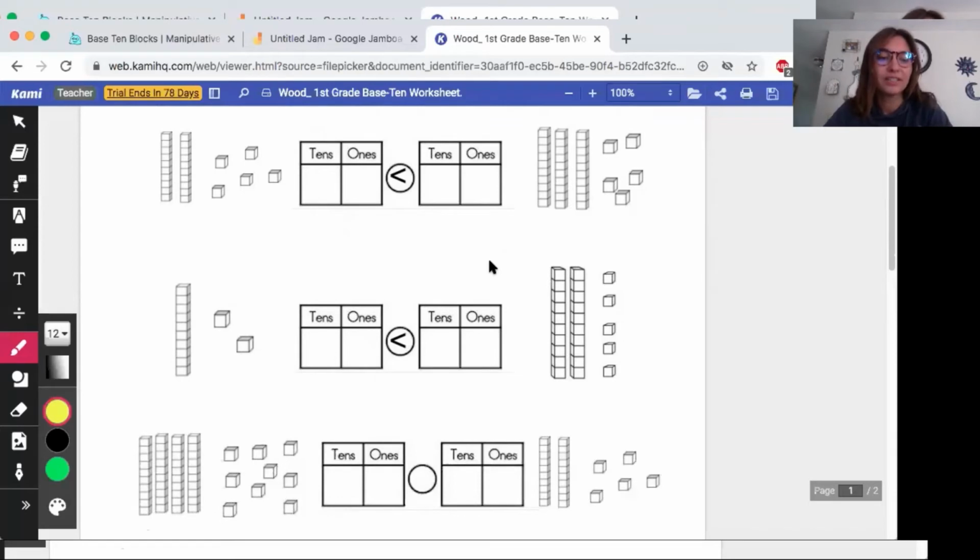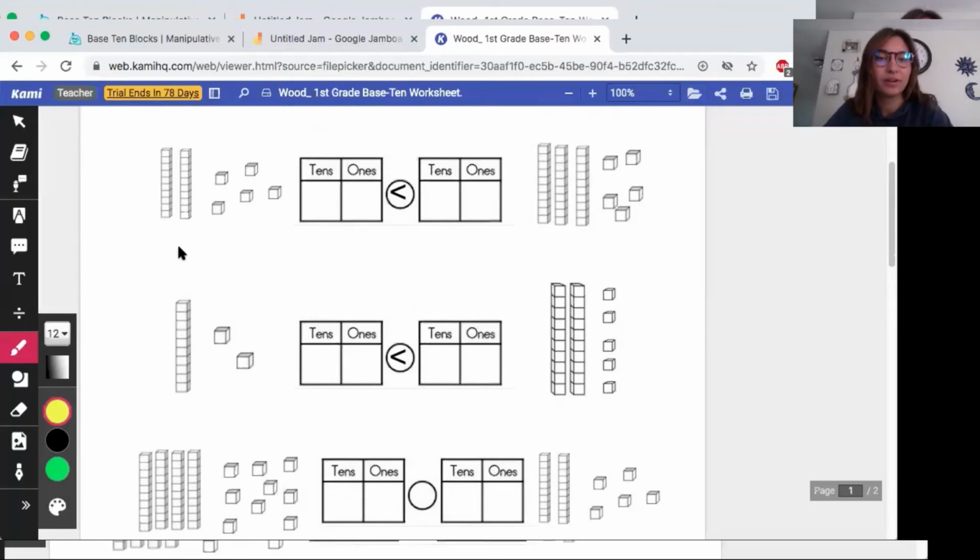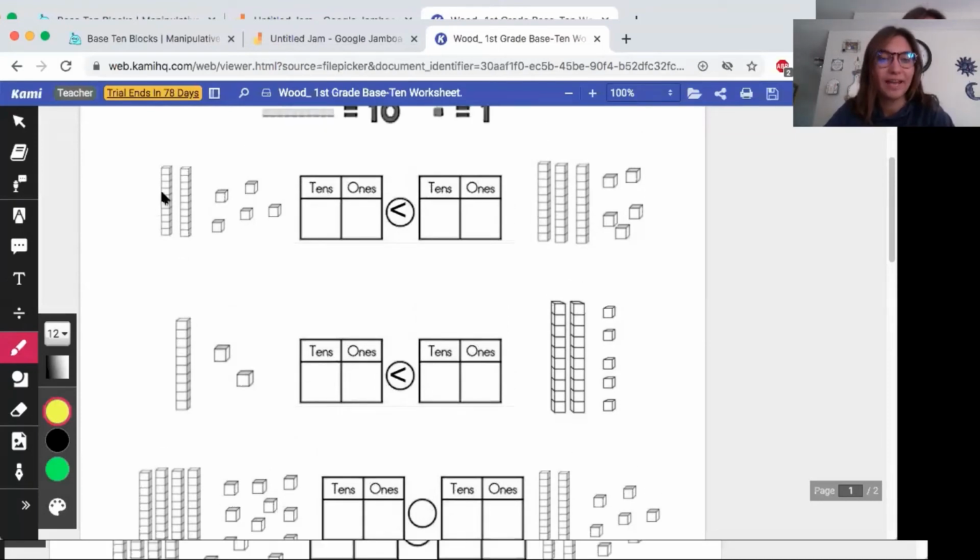So let's get started by counting the base 10 blocks. Remember, we can count by 10s if we see a long set of units. So let's start with our first problem. Okay, I see 1, 2, 2 tens. Remember, these are worth 10.